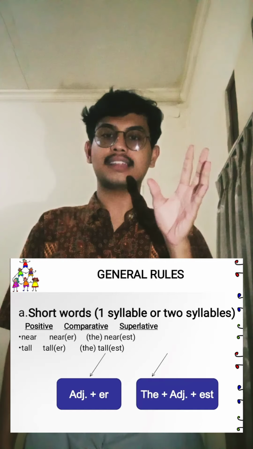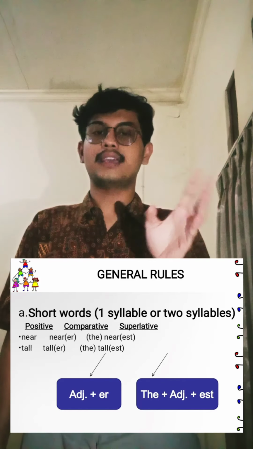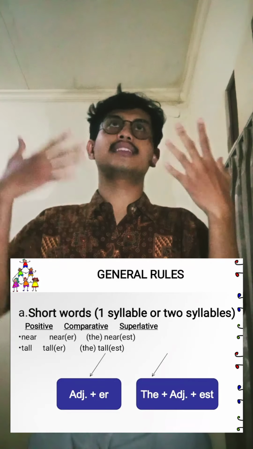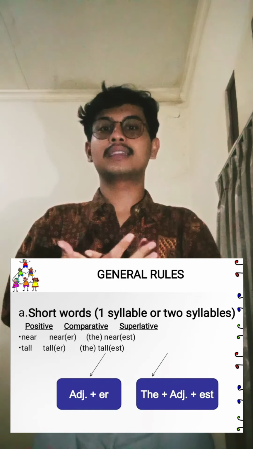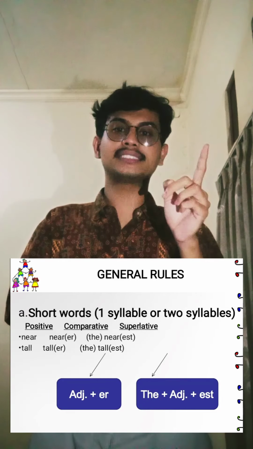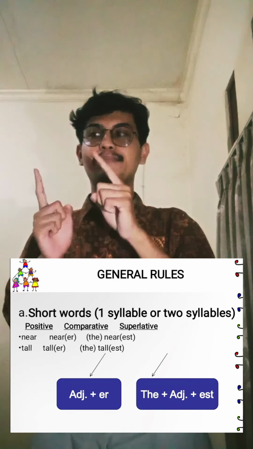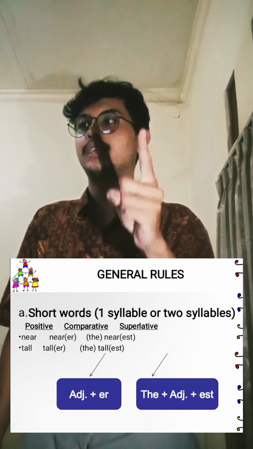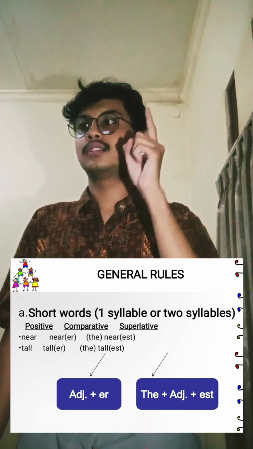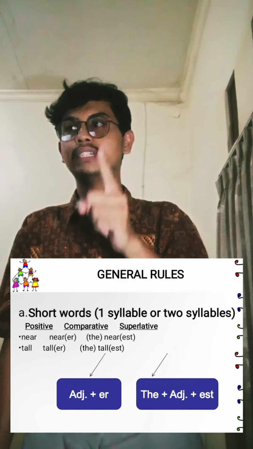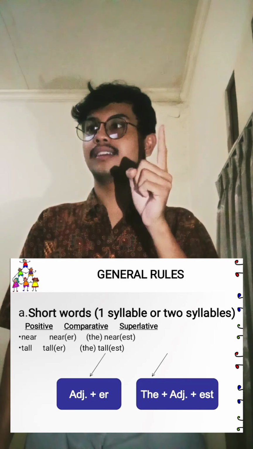Use er after the adjective. And when you want the superlative, that is "yang paling", add est after it, and add the in front of it. So this is the change from near to nearer and the nearest.